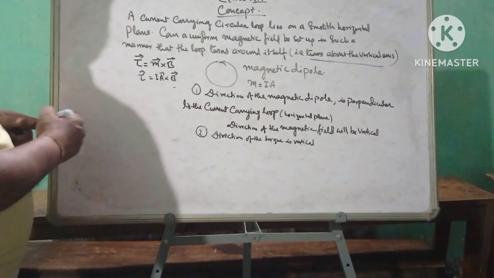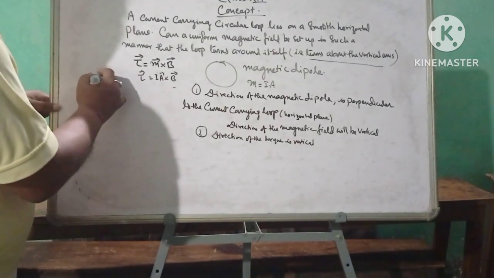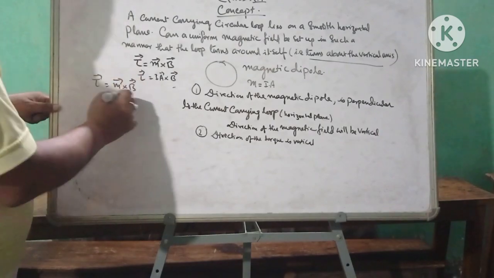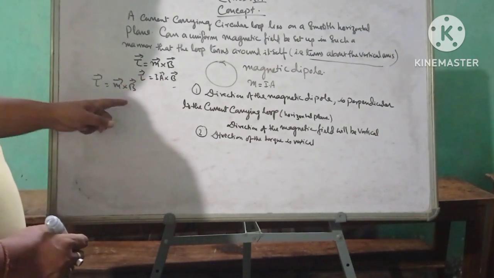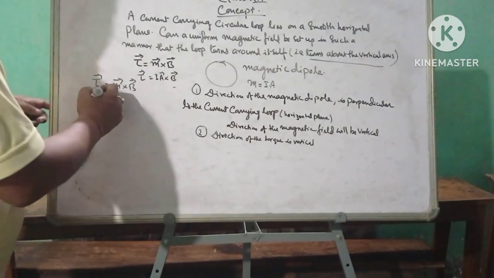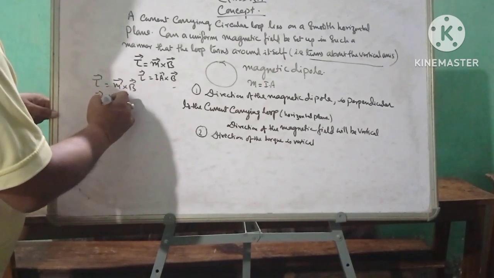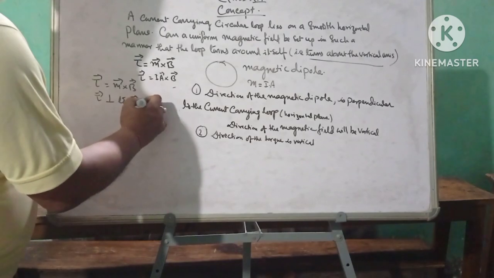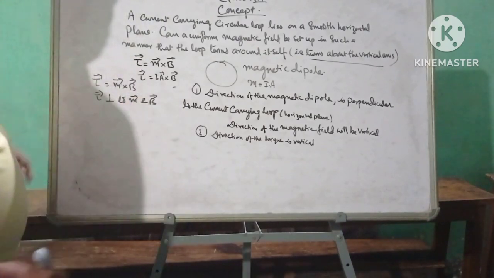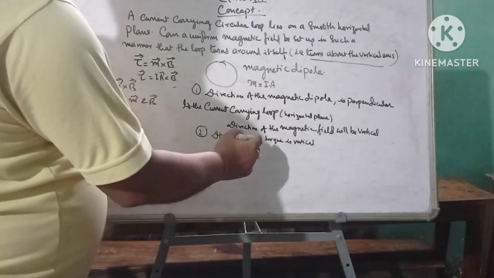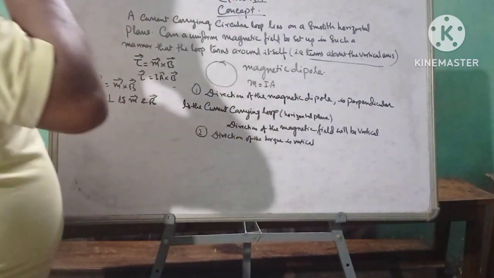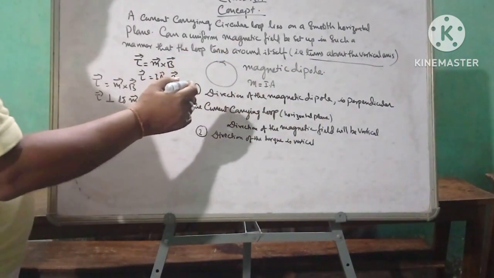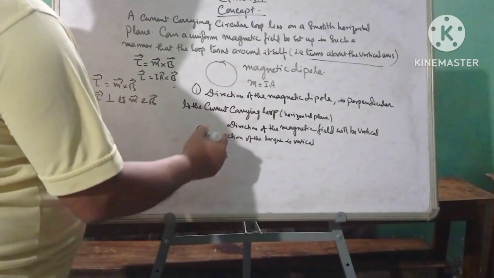But we know that torque is equal to m cross B, so torque is perpendicular to both the magnetic field and the dipole moment. This is impossible.